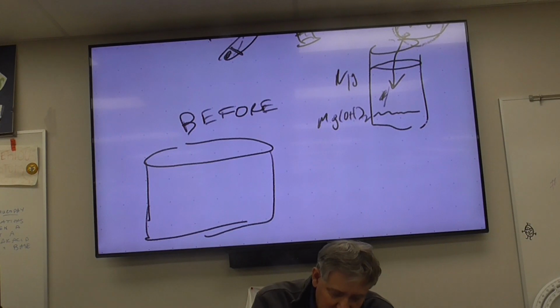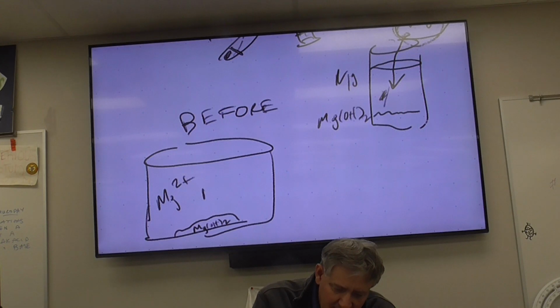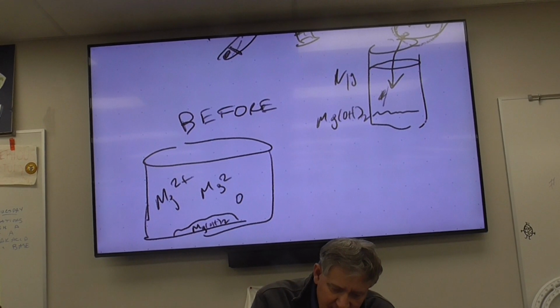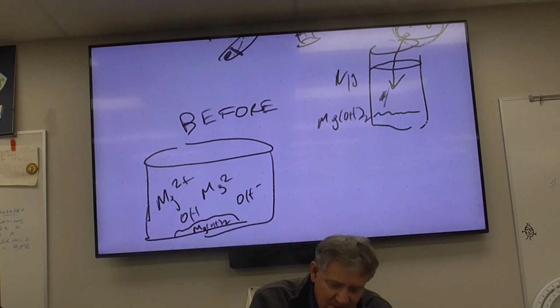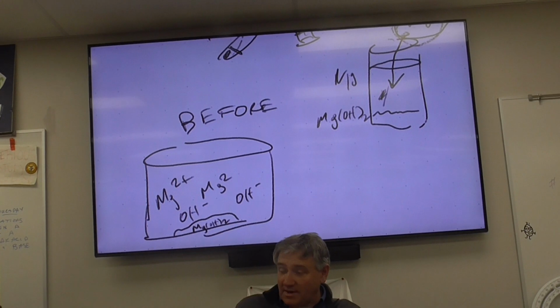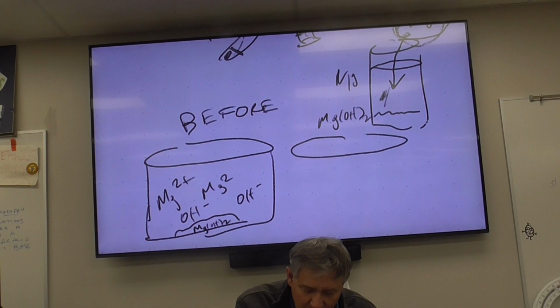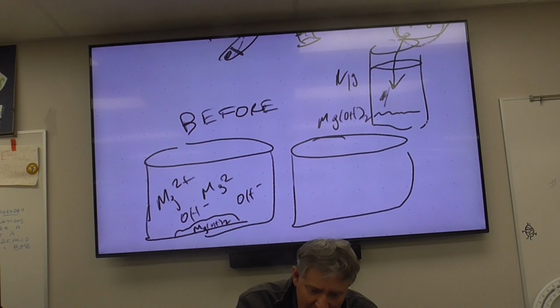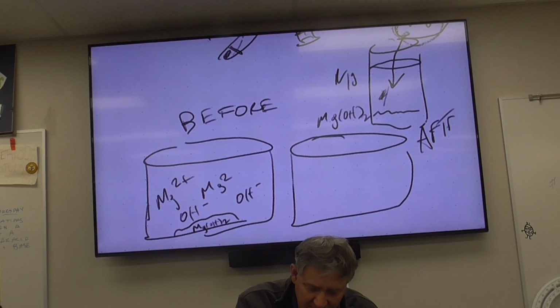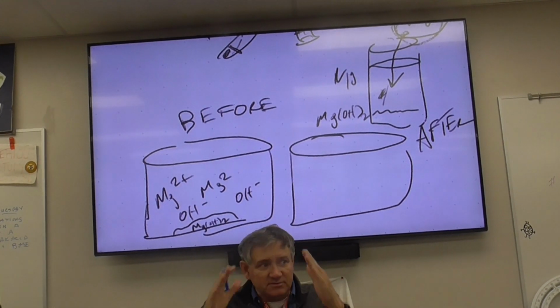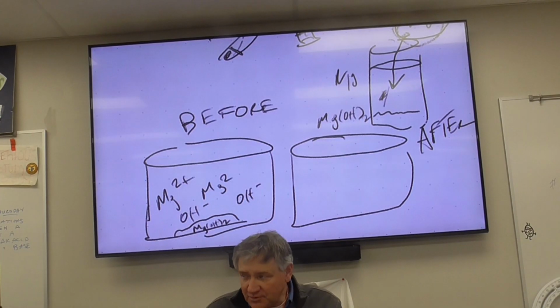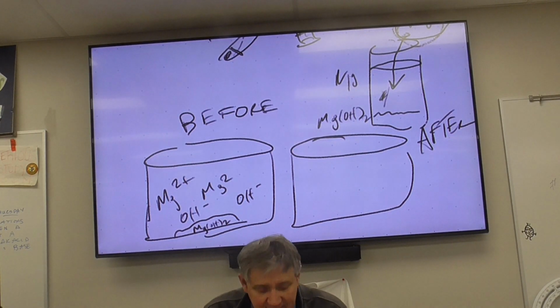I picked magnesium hydroxide. So you've got chunky magnesium hydroxide down here. You have a certain number of magnesium ions, and you have a certain number of hydroxide ions, right? So that's before you add the hydrochloric acid. Then this is after the hydrochloric acid has been added.